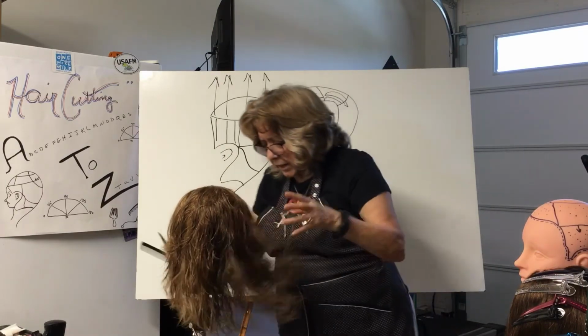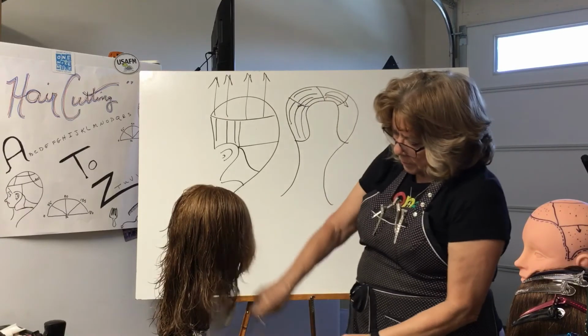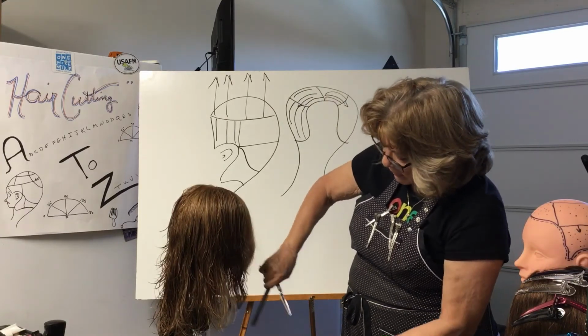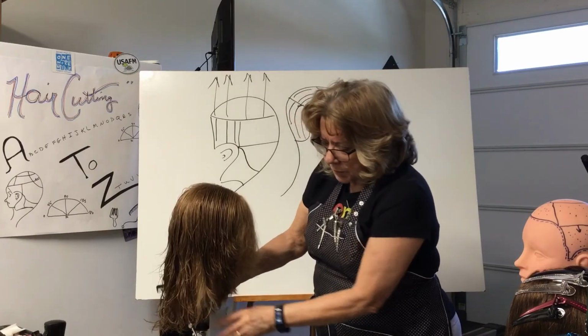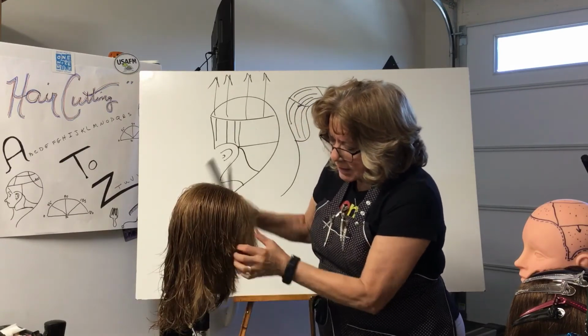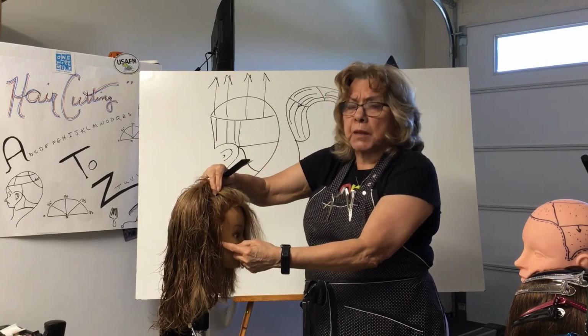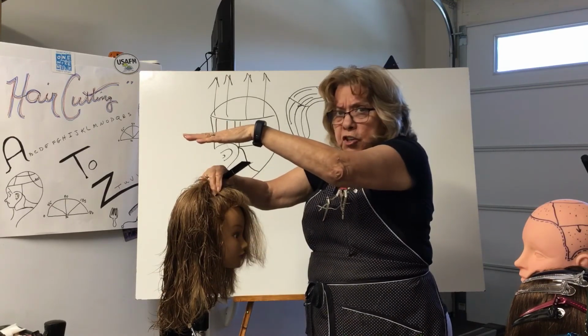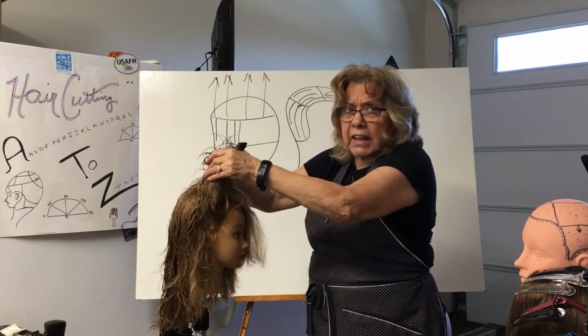Now what you see here on the side, do you slightly see this corner right here? Do you see it? The reason that corner is there is because of this corner. You took it to a stationary position and you cut it, so this corner then is going to reflect that.